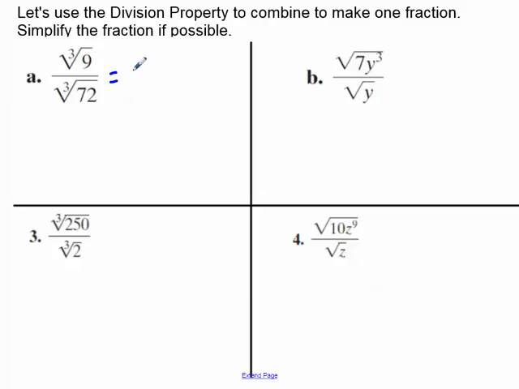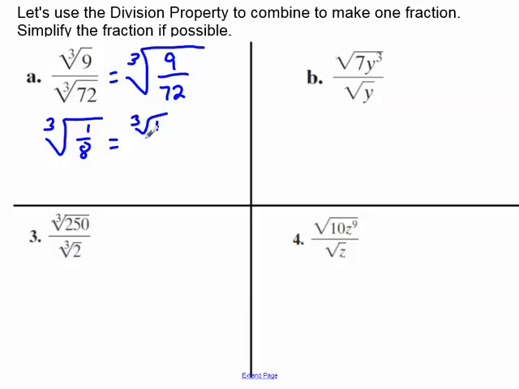I'm looking for a cube root of 9 over 72, which is 1 over 8. Now that looks a little bit better. I could say this is cube root of 1 over cube root of 8. Cube root of 1 is 1, cube root of 8, because now we can separate from here to here. We can separate and conquer. Cube root of 8 is 2. Done.